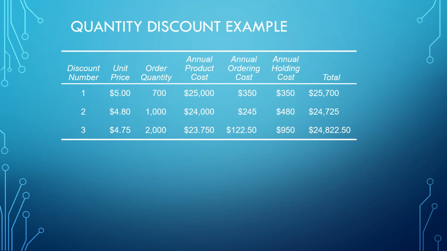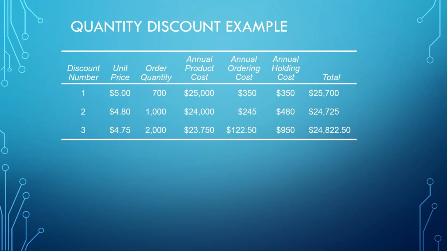The annual holding cost will equal 700 units times 5, and that will equal $350. And we do the same with the other discounts, and we will get an annual holding cost of $480 and an annual holding cost of $950.